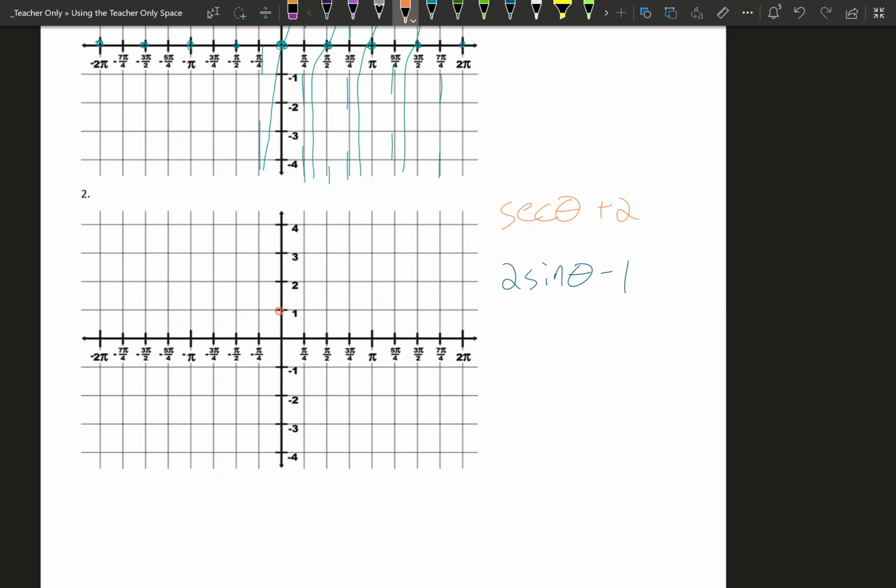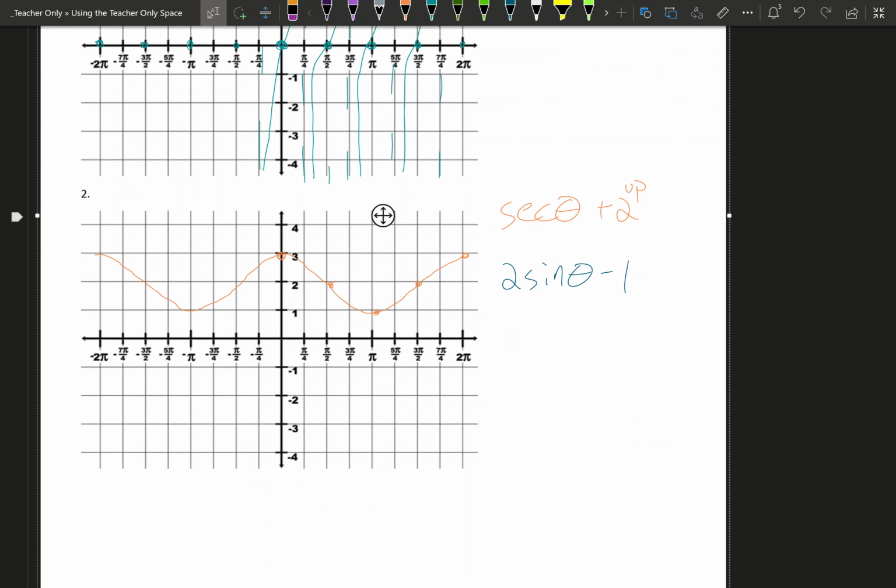So our cosine function is going to look like this based on our points that we know from the unit circle. The plus 2 is going to send it up 2. So in this case, because I'm doing this digitally, I can just shift everybody up 2.